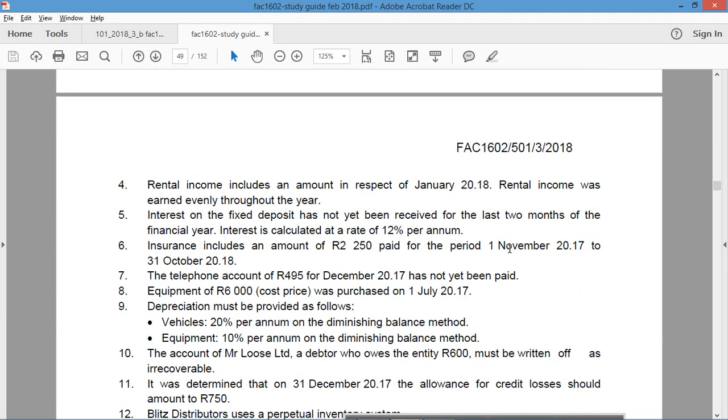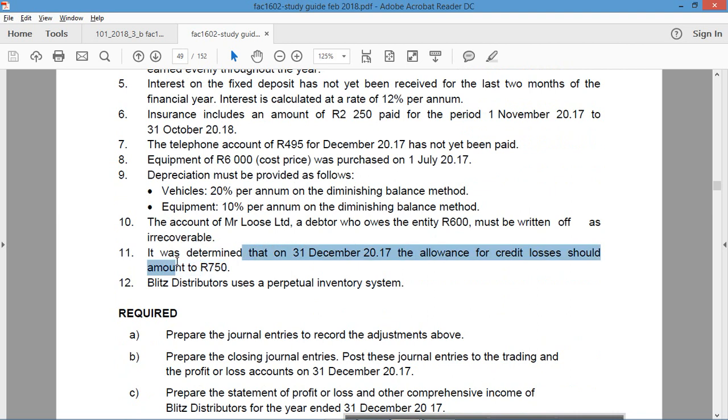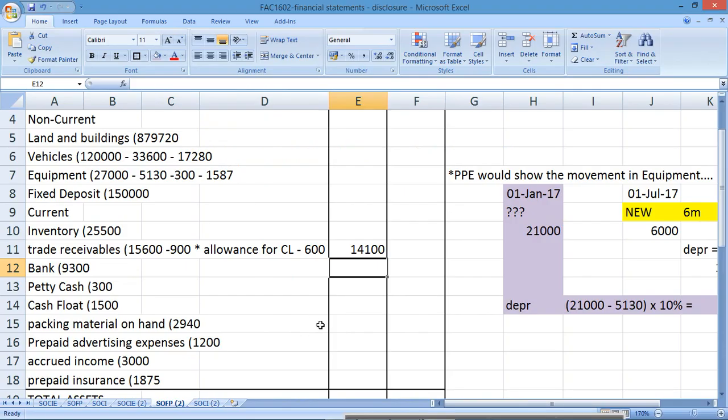What do you want the allowance to be? It needs to increase to 750. Not increase. Oh, it needs to decrease. So then allowances for credit losses will be debited because it's decreasing. Okay, so that's fine, as long as you knew what the original balance was. So 900 needs to come down to 750.